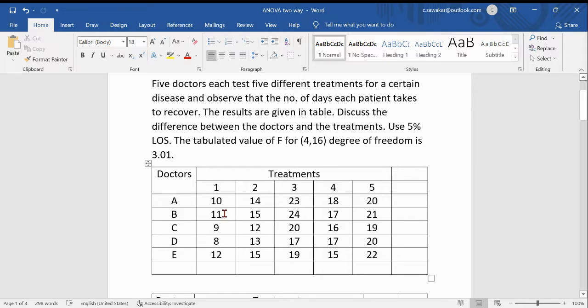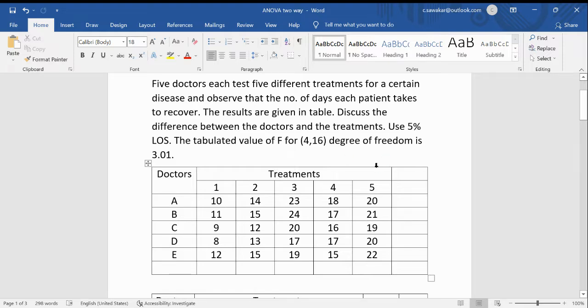Now my question is whether there is a difference between the doctors, or a difference between the treatments, or a difference between doctors as well as treatments. Suppose the question was only: discuss the difference between the doctors, or discuss the difference between the treatments.